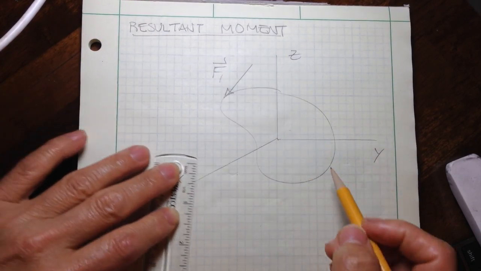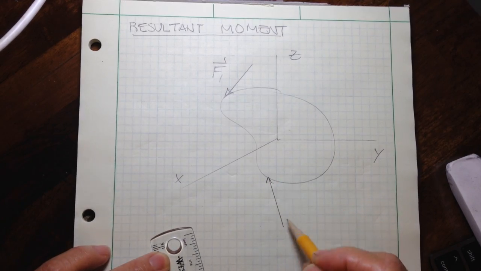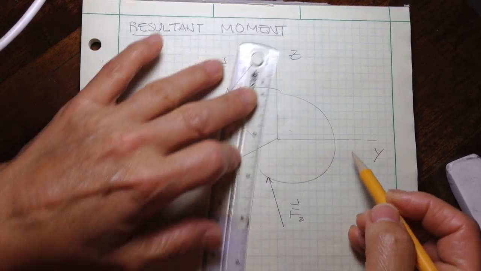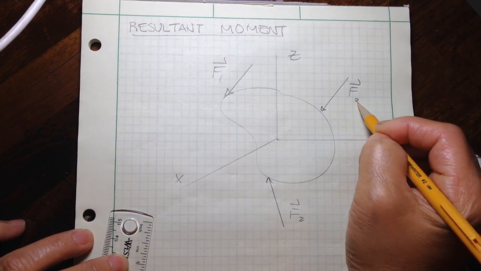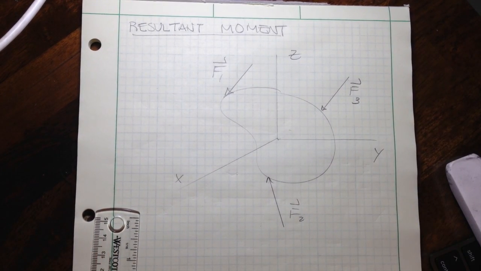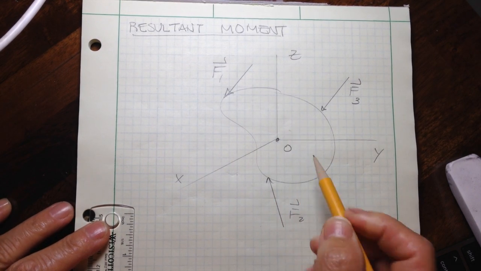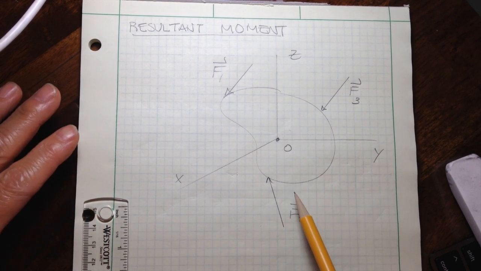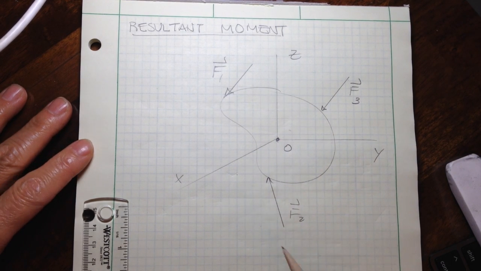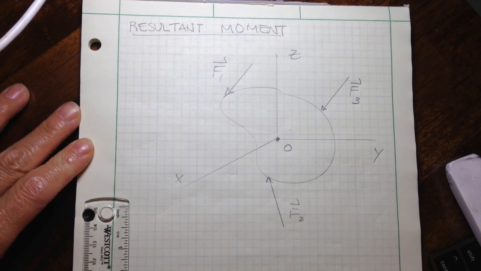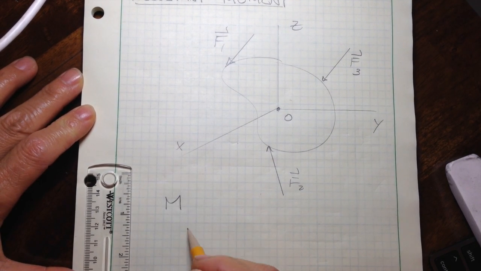Let's say that's F1, and let's say this is F2, and this is F3. And these are all three-dimensional force vectors. And what we'd like to find is the resultant moment about O due to all three forces. So we apply the formula as such.